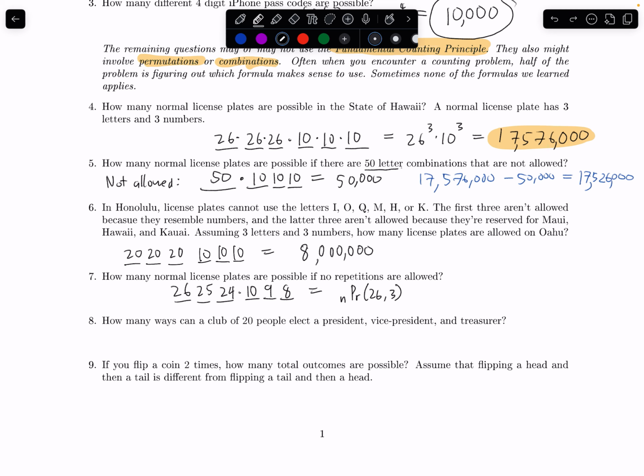So that times the number of number combinations, which is also a permutation because I can rearrange the numbers to get something different each time. There are 10 possible digits, and I want 3 of them to make my license plate. You can do it either way, guys. You can multiply this out together, or think of it as 2 permutations multiplied together. Both are fine. Try both ways to confirm you get the same thing, whichever method you prefer.